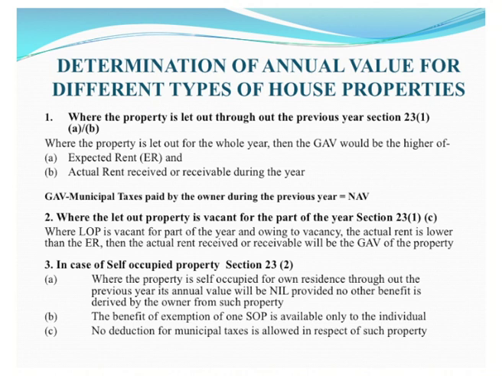Moving on to the next type of house property, where we learn how to determine the annual value. The second type is where the let out house property is vacant for part of the year.